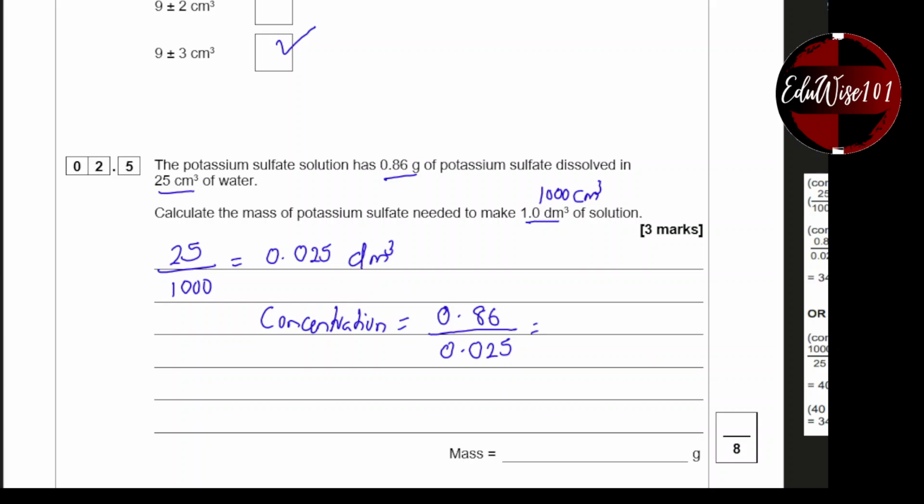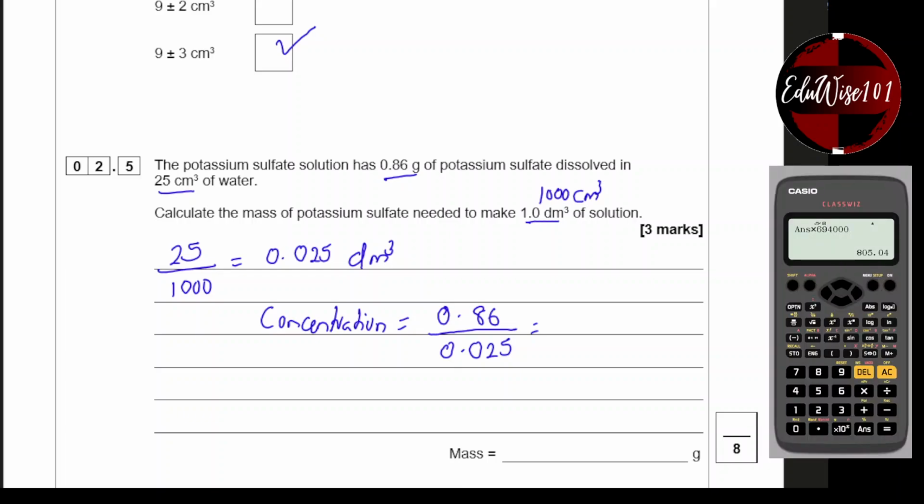So let's bring in the calculator. 0.86 divided by 0.025, that gives me 34.4 grams.